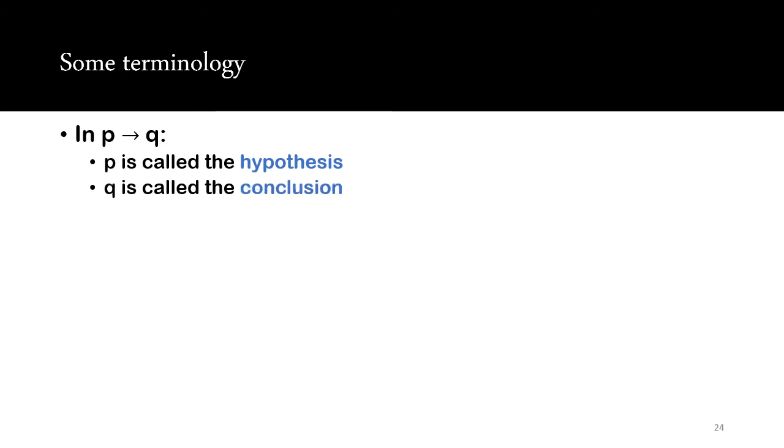But first, we're going to have to cover some terminology. In P implies Q, P is called the hypothesis. This sounds dangerously like science. Oh no. But it's okay. And then Q is called the conclusion, which also sounds like science.